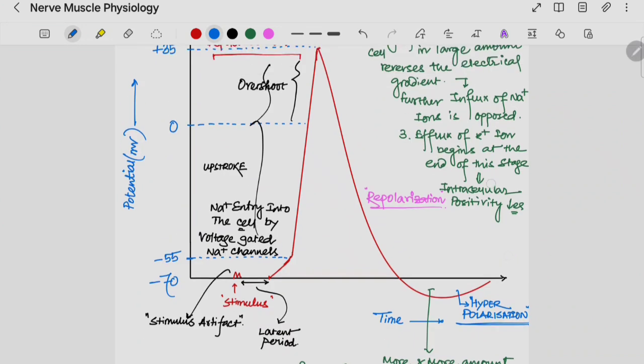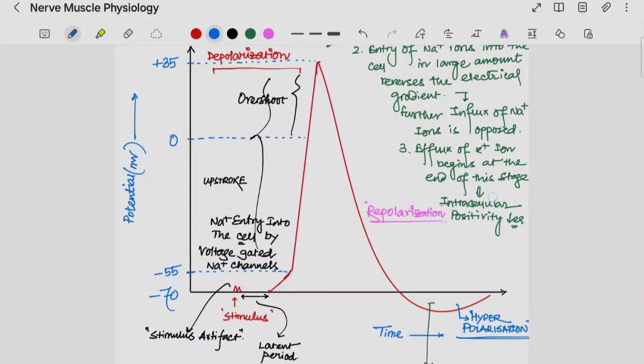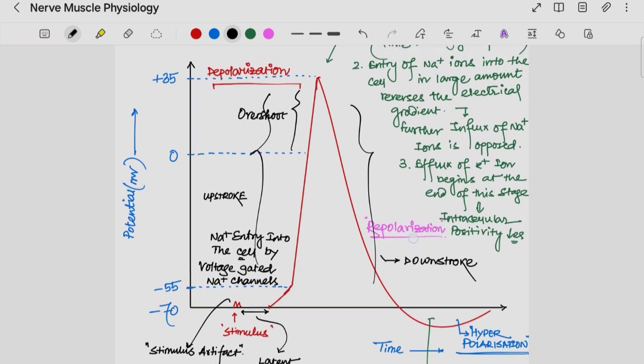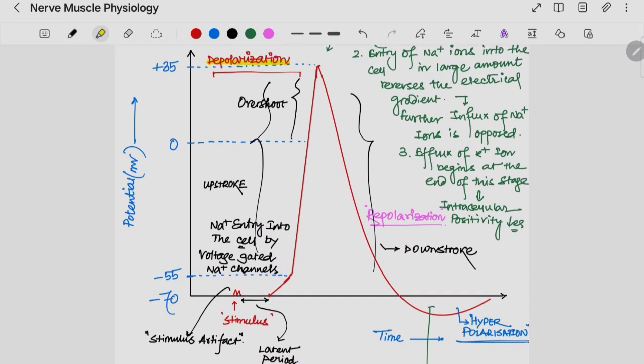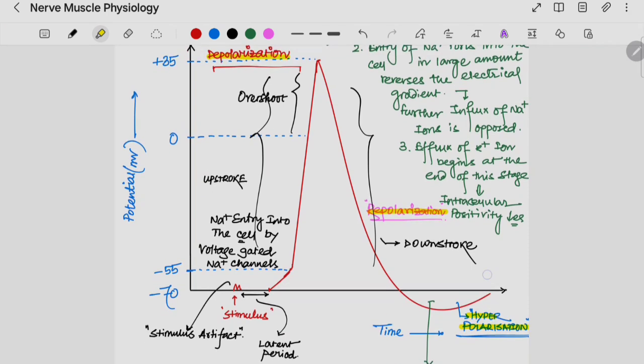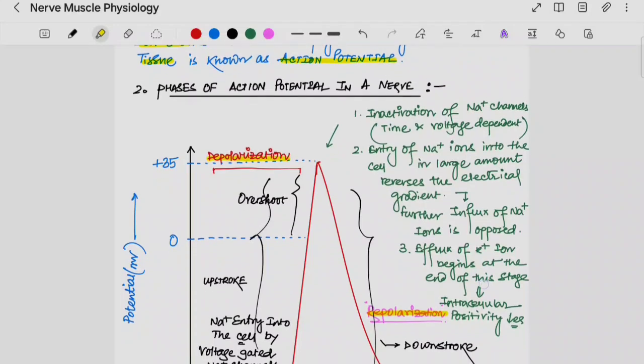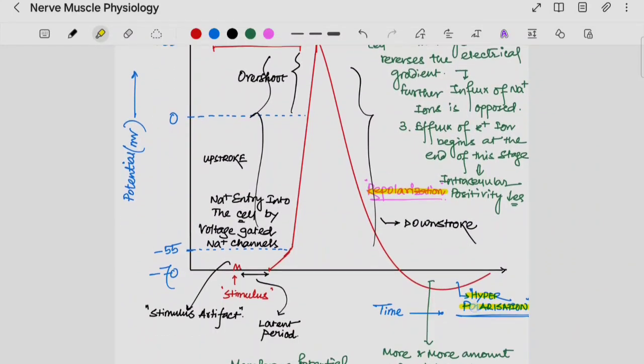In depolarization this is known as the upstroke, and in repolarization the fall in membrane potential is known as the downstroke, right? So there are three phases in the action potential in a nerve or axon: depolarization, repolarization, and hyperpolarization.